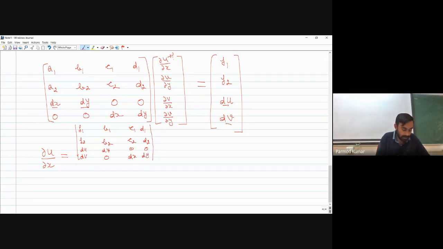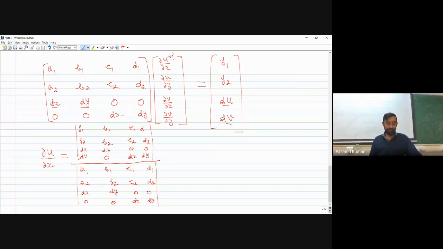So the determinant of this particular matrix divided by the determinant of this matrix over here, which is a1, b1, c1, d1, a2, b2, c2, d2. What I am doing is nothing but applying Cramer's rule for solving this system of equations. Here I will be having dx, dy, 0, 0. Here I will be having 0, 0, dx, dy, and I have to take the determinant of this also.